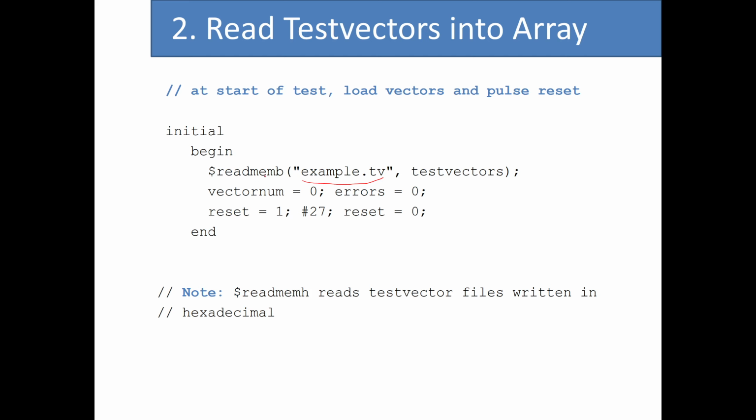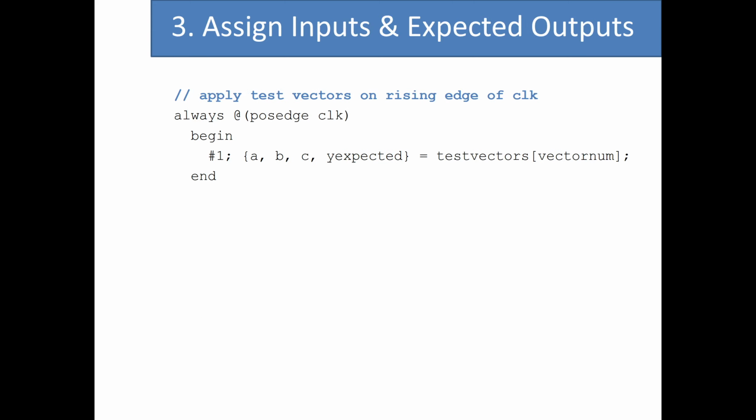It reads the values of the test vector line by line, and it stores that into the test vector variable that we have. What else we do is initialize the two bookkeeping variables that we have defined with 0. We make the reset 1, wait 27 units of time, and then we make the reset 0. That is basically for the initial state of the system, so that we reset everything before we do the actual testing.